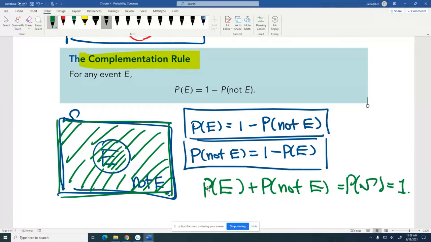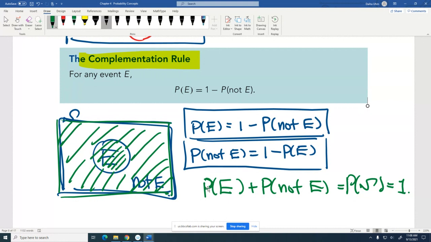Cancel out. The probability of E will be 1 minus the probability of not E. If you want to get the second one, subtract the probability of E, and cancel out. The probability of not E will be 1 minus the probability of E.